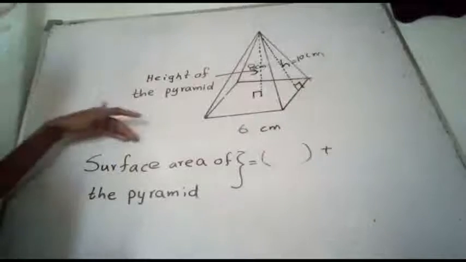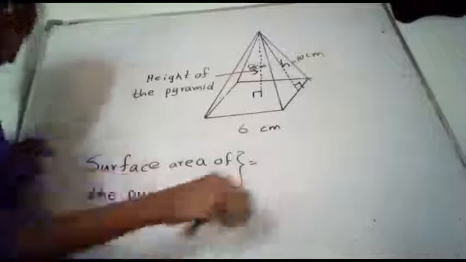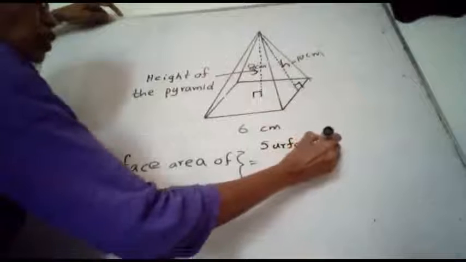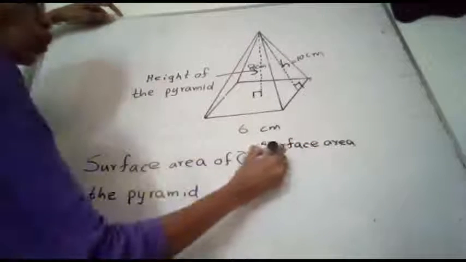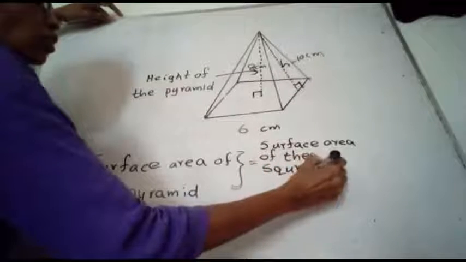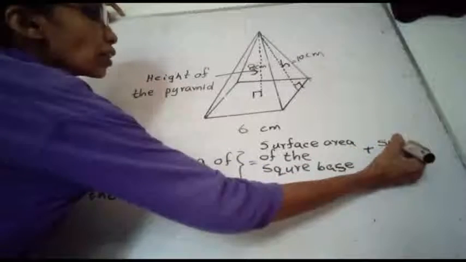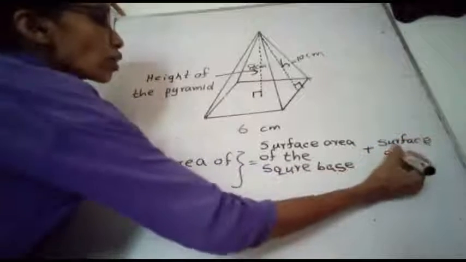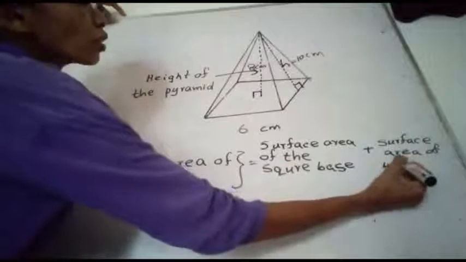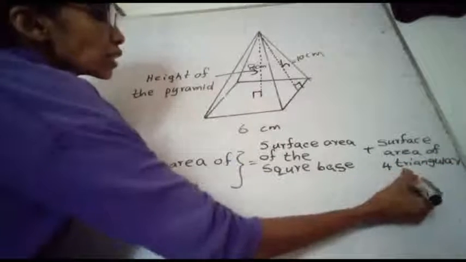Now, surface area of the pyramid is equal to the surface area of the square base plus the surface area of 4 triangular faces.